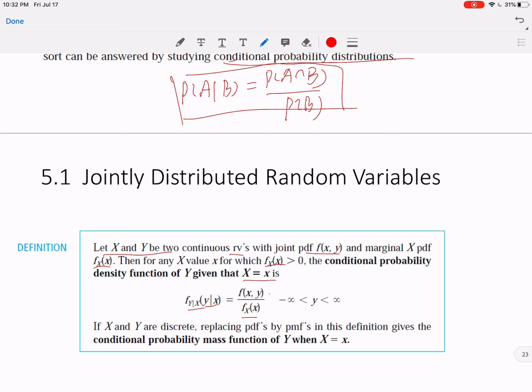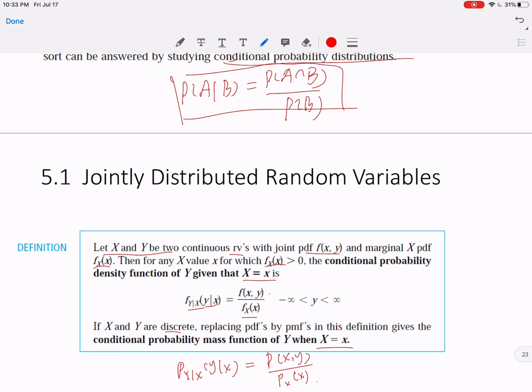If x and y are discrete, replacing the PDFs with PMFs in this definition gives the conditional probability mass function of y given x. Basically, you rewrite it as p sub y given x equal to the joint PMF of x and y divided by the marginal PMF of x.